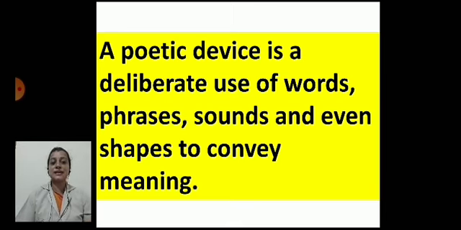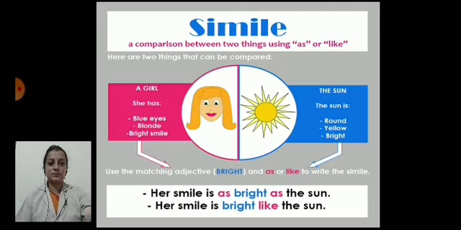In other words, we can say that a poetic device is a deliberate use of words, phrases, sounds, and even shapes to convey meaning. A poet uses poetic devices to make the poem more attractive, right? Because actually poetic devices are used to beautify a poem.